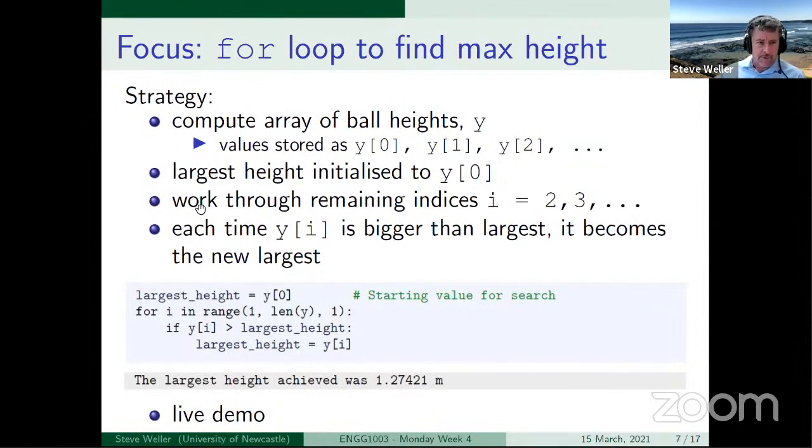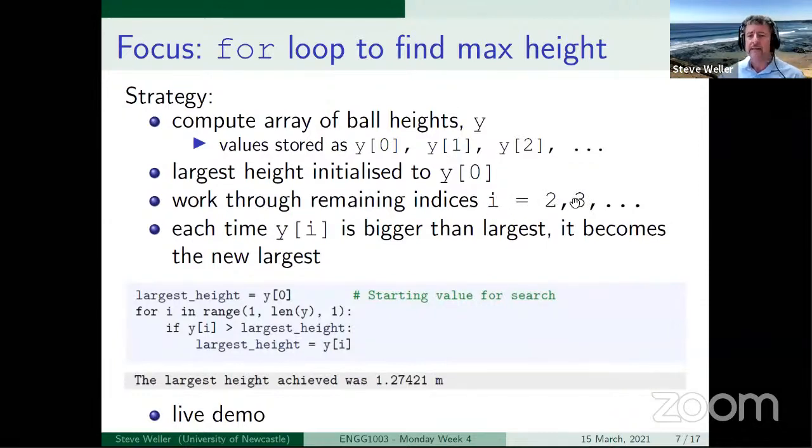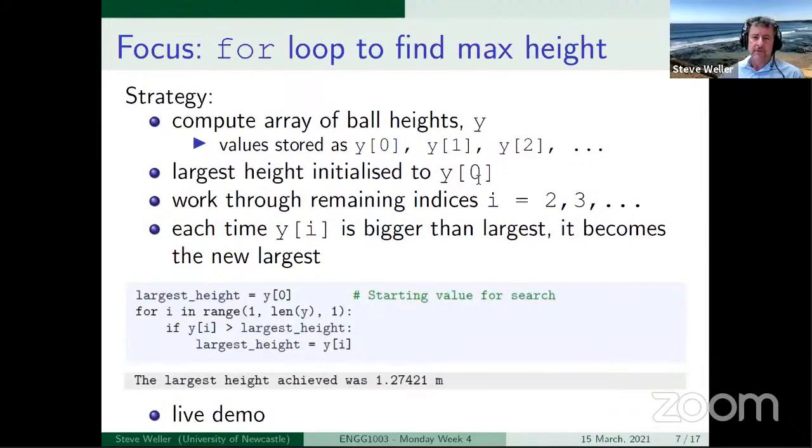Now, this third dot point here, when it says work through the remaining indices I equals 2, 3, and so on, that's a typo. It should say work through the remaining indices I equals 1, 2, and so on. 1, 2, 3, 4. Because the largest height was initialized to Y0, and then we compare the heights Y1, Y2, Y3, and so on. And each time we find that our Yi is bigger than the largest, it becomes the new largest. So that's our strategy.